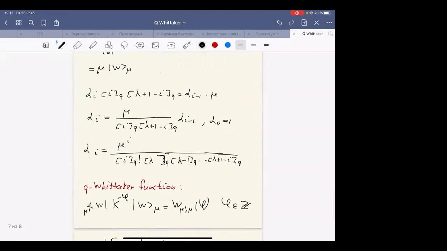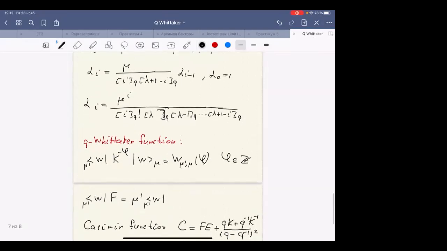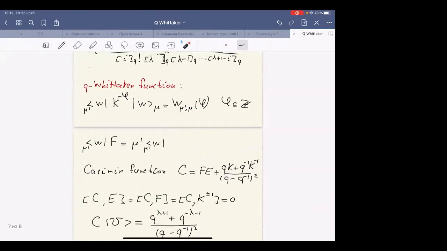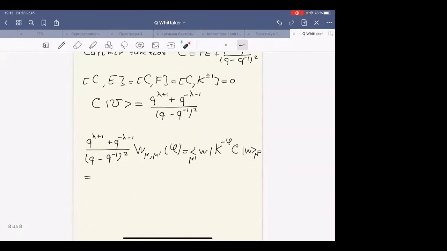It is an interesting question. I should think about it, but now I just want to say that maybe in your case it's not crucial. But I think it is important if we would like to think about the q-Whittaker function as a real function, not just some formal expression. But for my calculations, it is not really important. Okay, let's see.